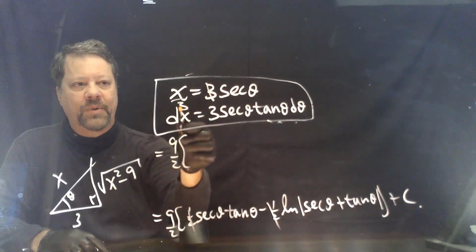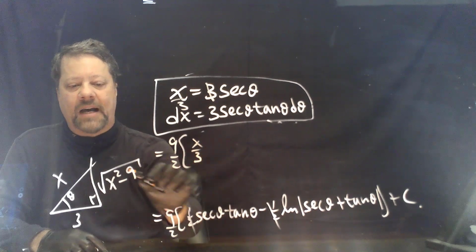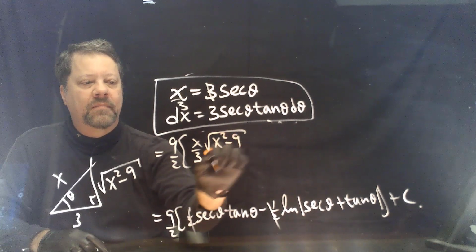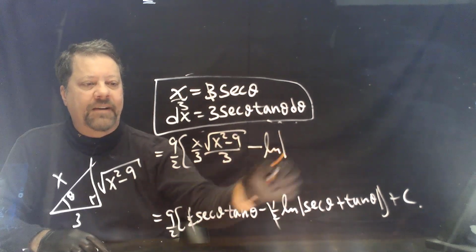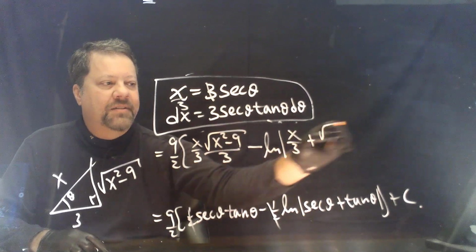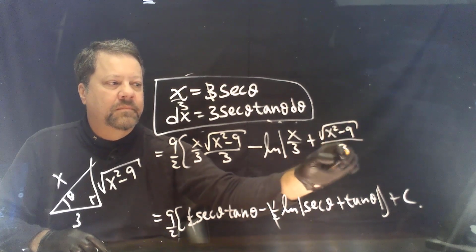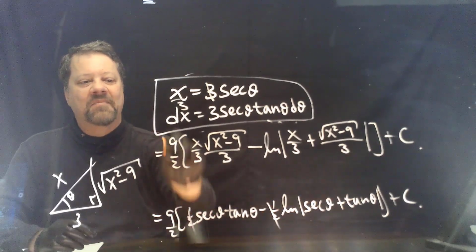Secant theta, which we know to be x divided by 3, tangent theta, which is opposite over adjacent, minus log absolute value secant, which is x over 3, plus tangent, and then plus c.